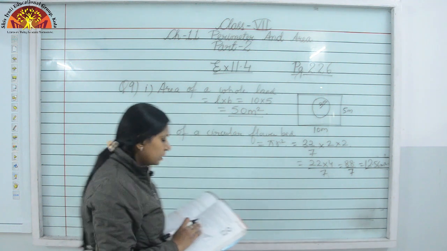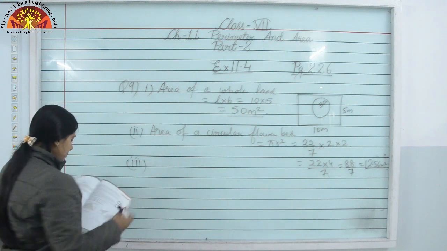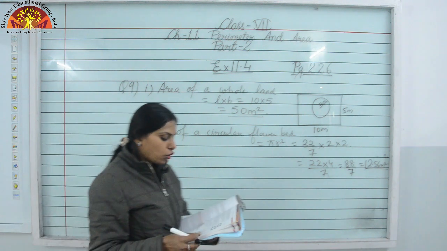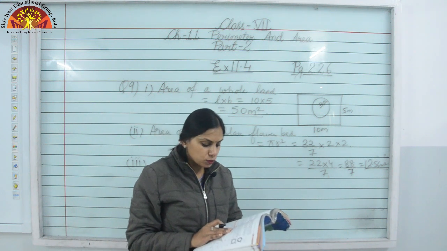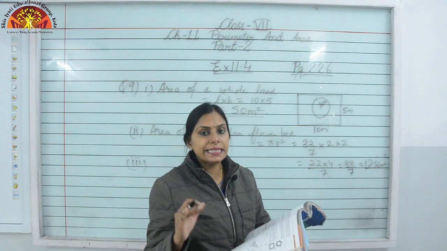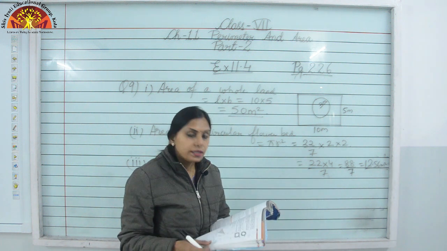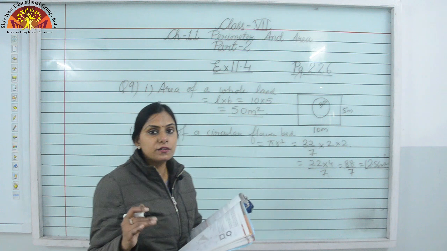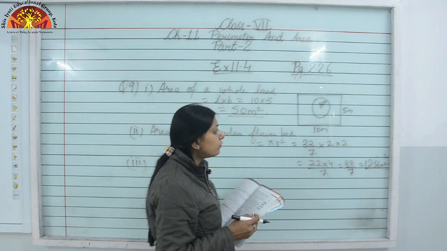Now just see the third part. The area of the lawn excluding the area of the flower bed. So what you have to do? You have to find the area of the lawn excluding the area of the flower bed. That means you have to find the difference of the area of the lawn and the area of the circular flower bed.